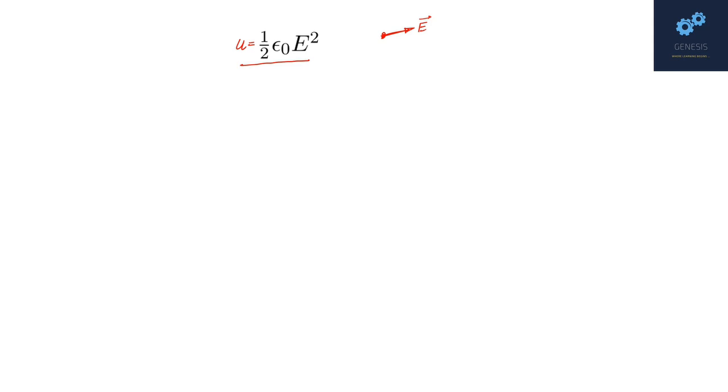This expression allows many simplifications in many situations. The idea is that we view the energy as stored in the field with an energy density of half epsilon naught E square. So how do we apply this here?